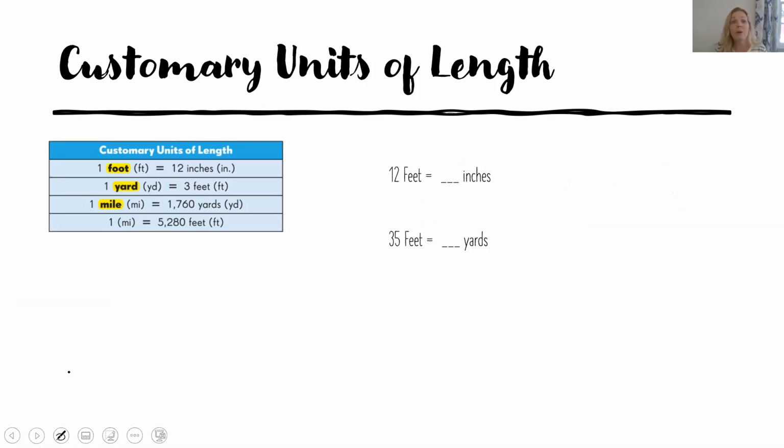Now, if we're going from 35 feet to yards, let's again put that up there. I see that 1 yard is equivalent to 3 feet. Okay, so how do I solve for this?